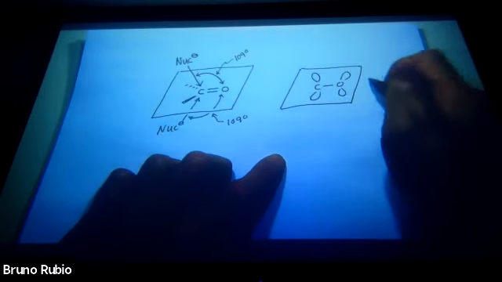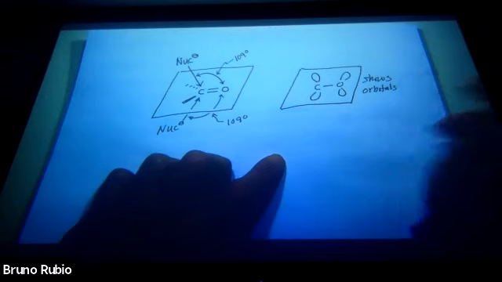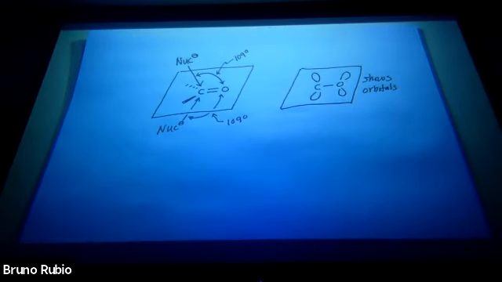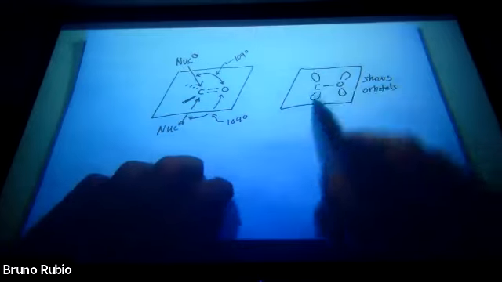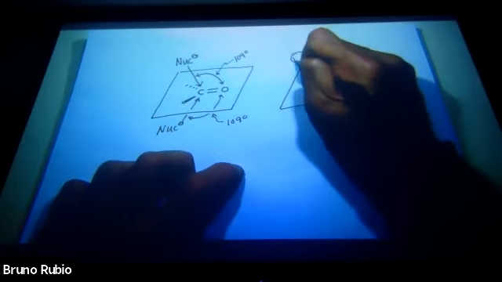So this shows the orbitals. And the nucleophile, he also has an orbital. And so the nucleophile's orbital wants to interact with the carbonyl orbital, but because the carbonyl orbitals are 109 degrees relative to this plane, that's why the nucleophile comes in along this trajectory.